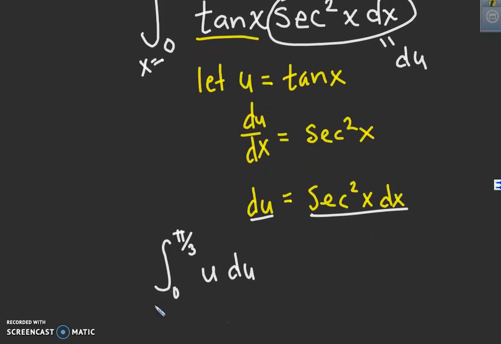We have a problem here because technically we have x equals 0 and x equals pi over 3, however we have a function in terms of u. So we need to fix that by changing the limits to values of u instead of values of x.